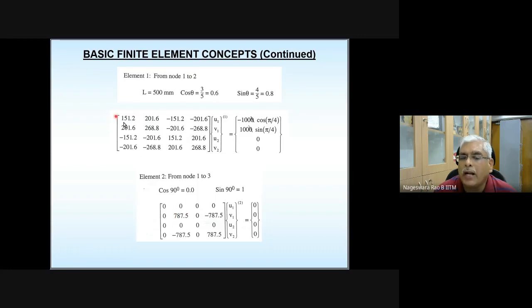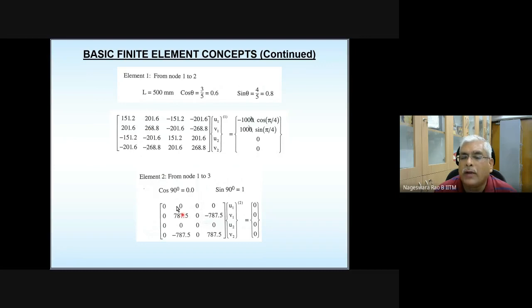Okay, so if you add these two, this matrix: 151.2 plus 0, 201.6 plus 0, 201.6 plus 0, 268.8 plus 787.5.